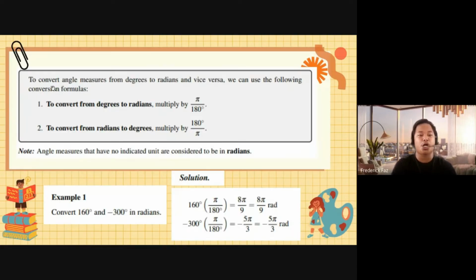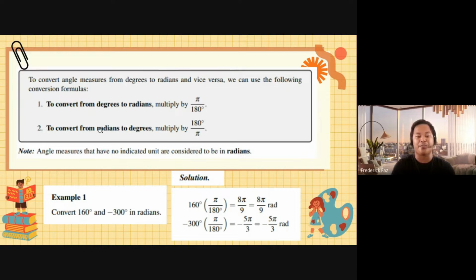Next, we are to discuss how to convert angle measures from degrees to radians and vice versa. Here are the conversion formulas. To convert degrees to radians, we multiply the given degrees by pi over 180 degrees.